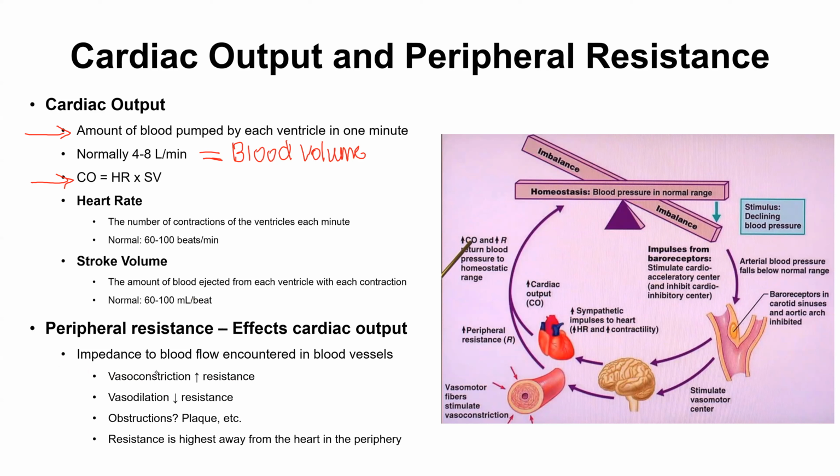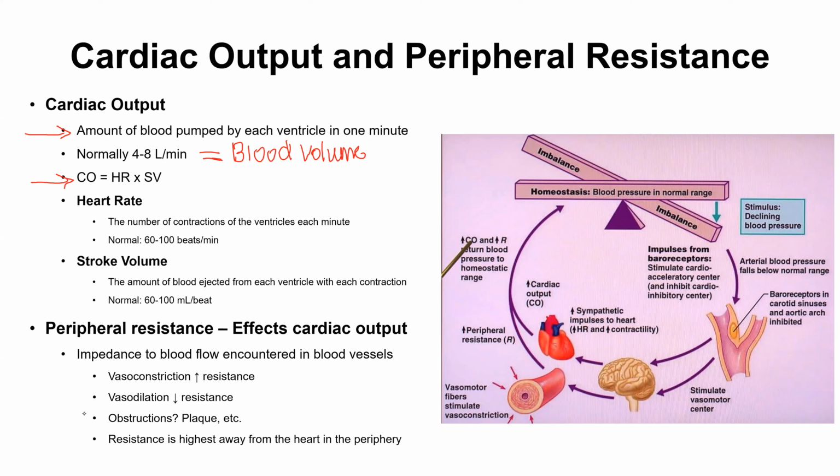Vasoconstriction is going to increase resistance. And resistance, think about it like resisting blood flow through that artery or that vessel. So when the vessel gets smaller, it's resisting that blood flow even more than normal. When it gets bigger, then quite the opposite is happening. There's going to be less resistance.